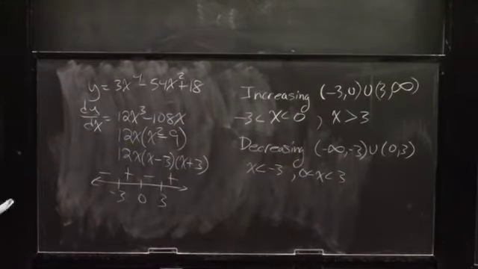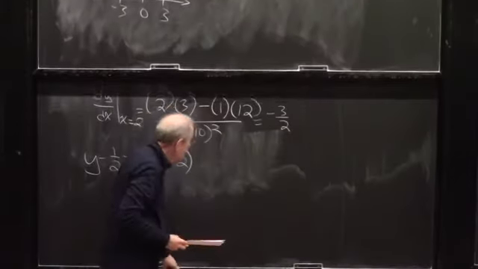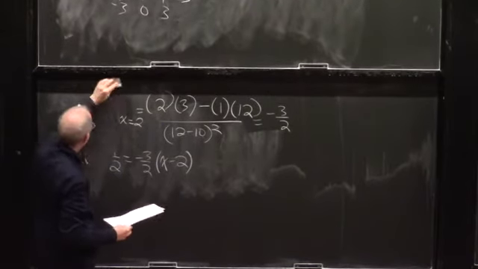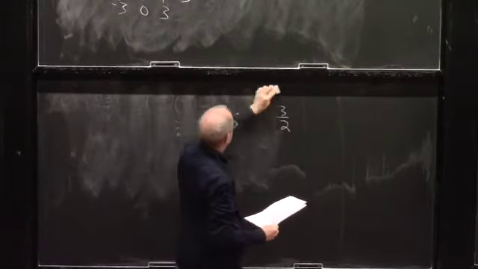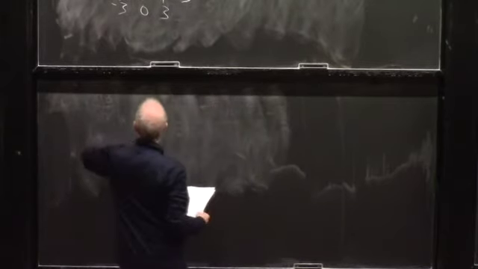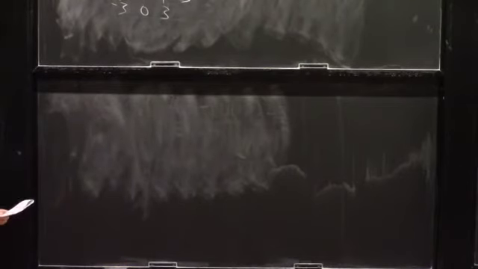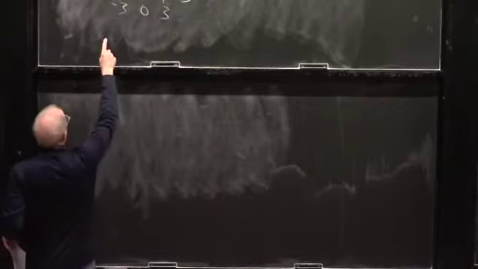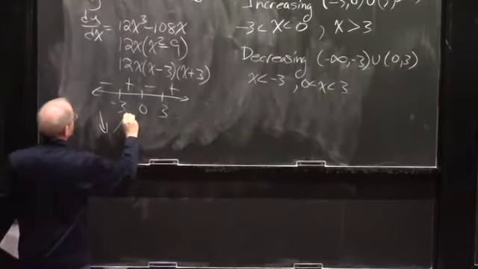So same as before, now we're going to find the maximum and the minimum. What are the coordinates of the maximum? So let's see. This curve is going down, up, down, up.